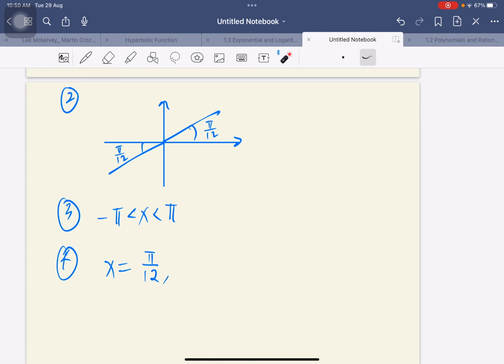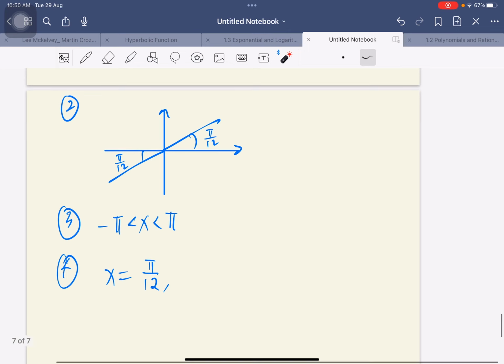Be careful, when we go in the clockwise direction it will be negative, because we usually take the counterclockwise direction. So if we take here, it will be negative already. The range given is negative pi, but the solution is negative pi, reduced by pi over 12.